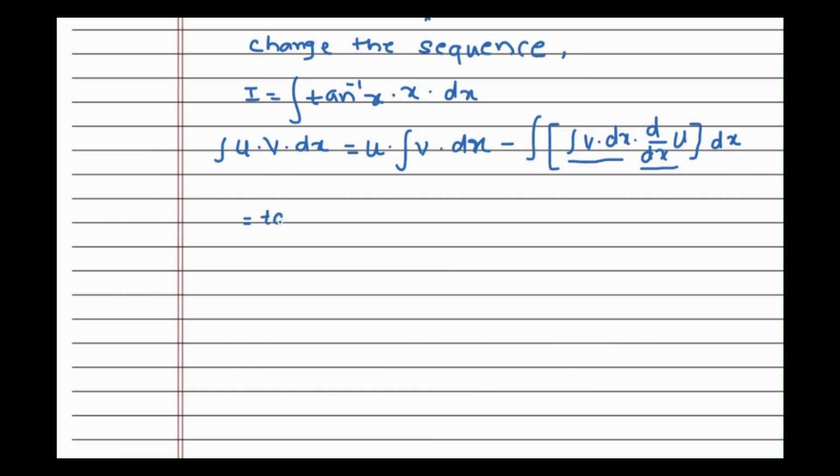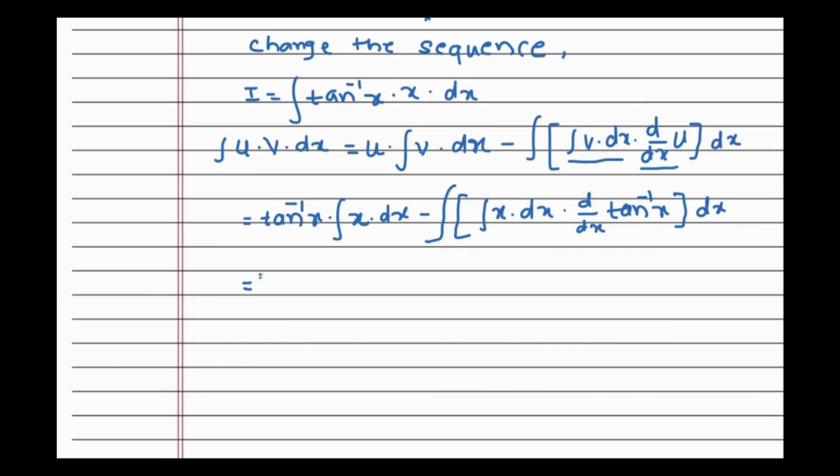It will be tan inverse x into integration of x dx, minus a bigger integral, within which there will be the integration of x dx multiplied by the derivative of tan inverse x, into dx.